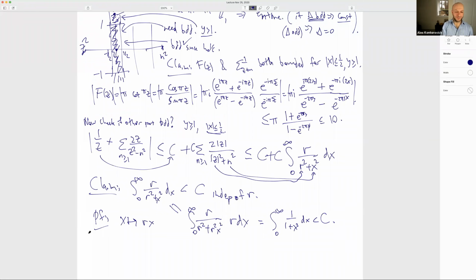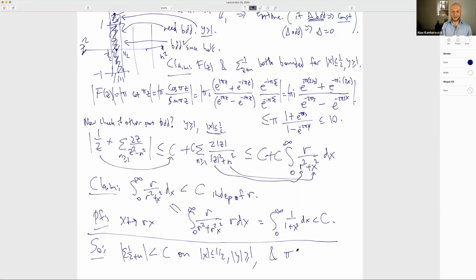And now we're done. So this function is bounded, and this function is bounded, which implies this difference, delta, is bounded, hence constant, hence 0.